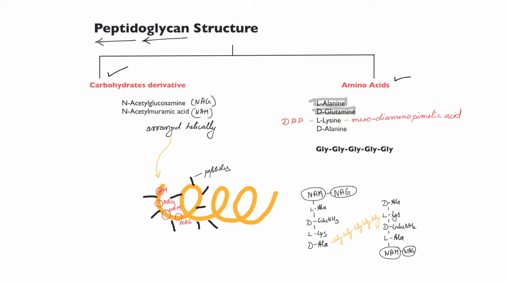Now, in most of the gram-positive bacteria, we have meso-diaminopimelic acid. Very important to understand. Some have lysine with them. What we also need to understand here is DAP. DAP is actually found in a lot of gram-negative bacteria, but a few gram-positive ones, like Nocardia.